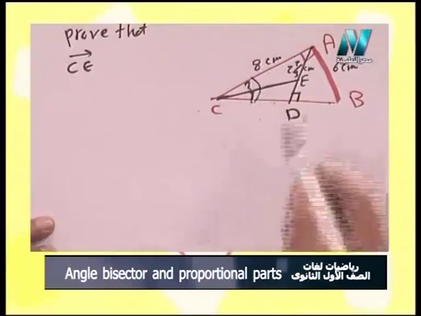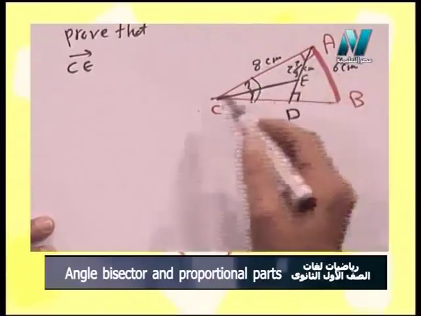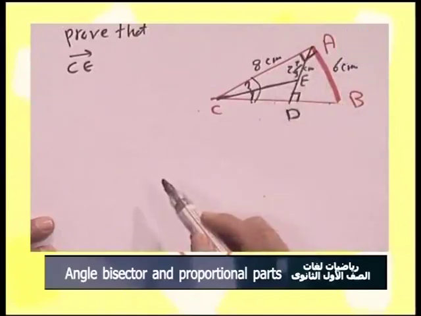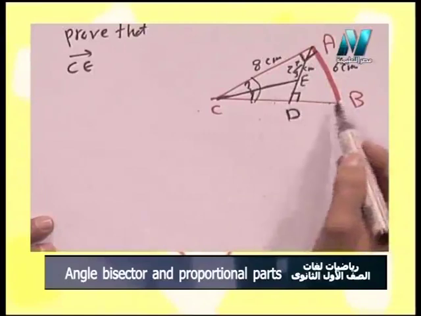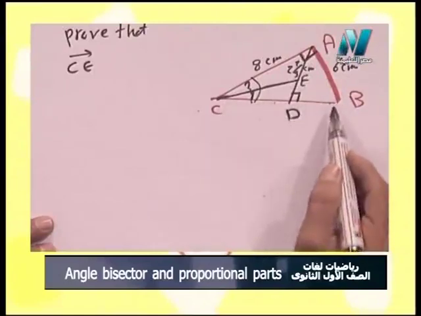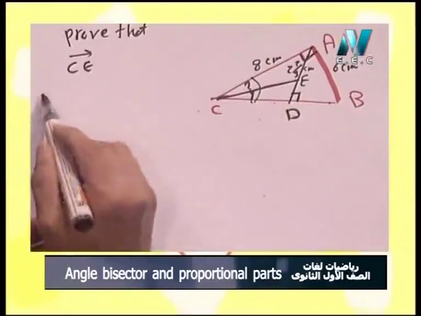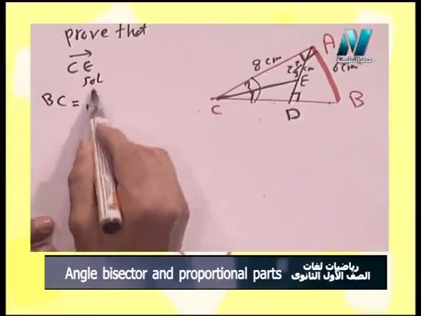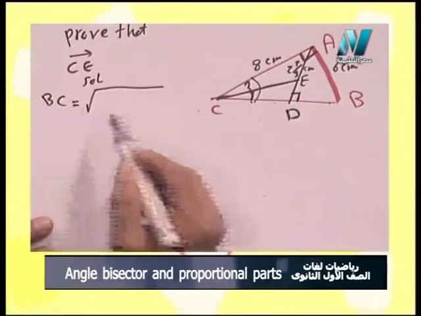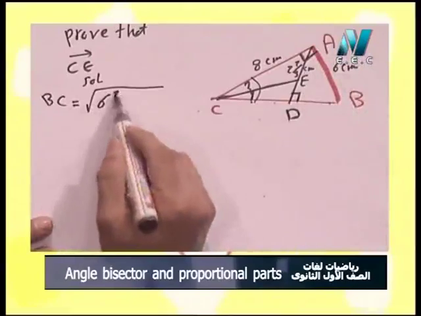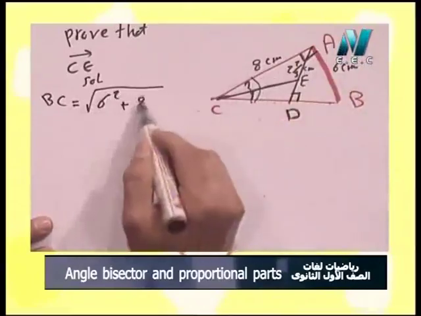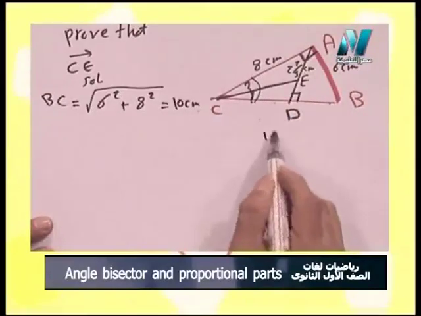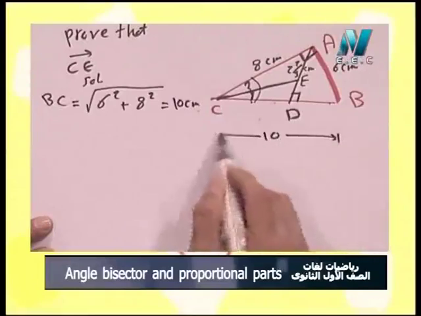We have AB 6 centimeters and AC equal 8 centimeters, and this is a right angle, so we use the Pythagoras theorem to calculate the length of BC. BC equals the square root of AB squared plus AC squared, so it's 10 centimeters. So we have CB equals 10 centimeters now.